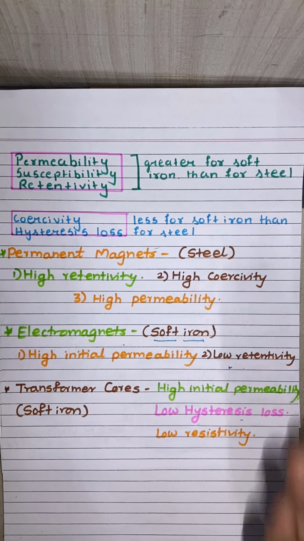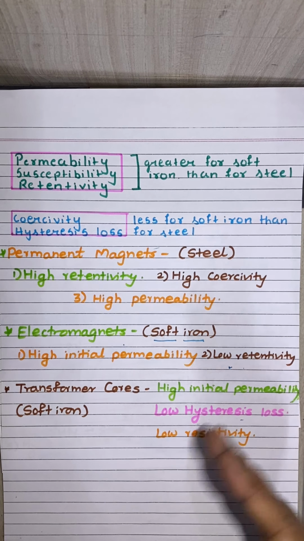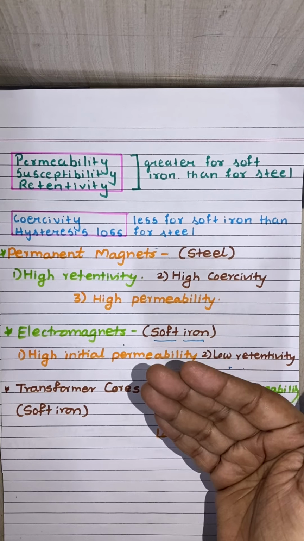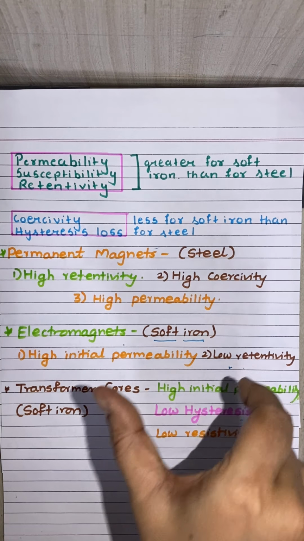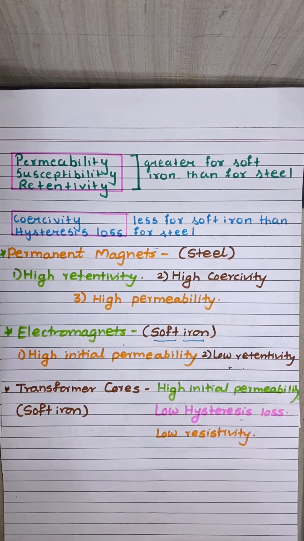B is equal to mu naught n i, so if i is more, the magnetic field produced by the solenoid is also high, and due to that strong magnetizing field, the material inside the solenoid easily becomes a magnet. The rod gets magnetized due to the magnetic field of the solenoid.